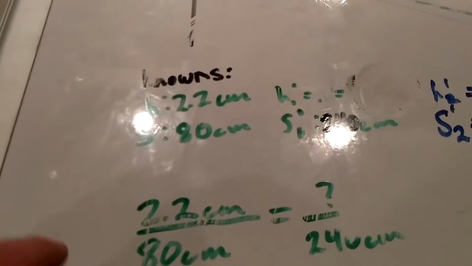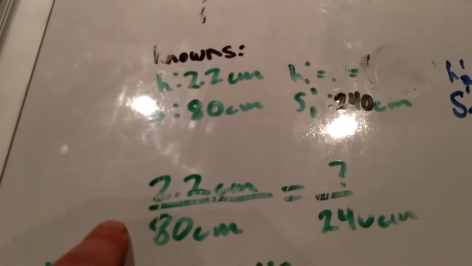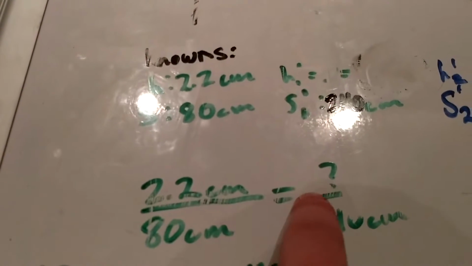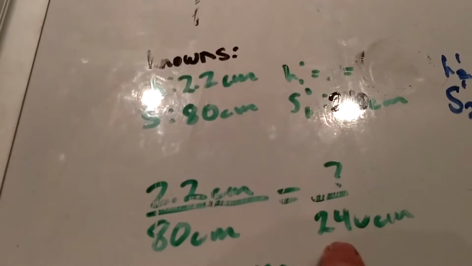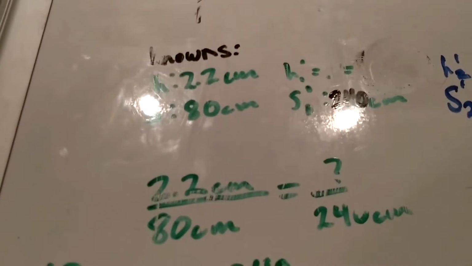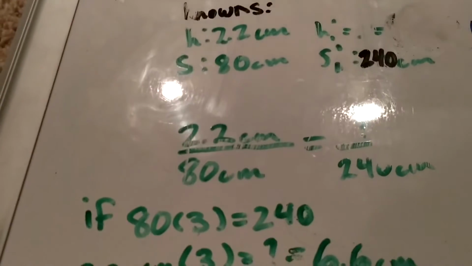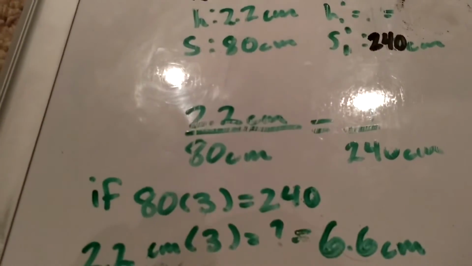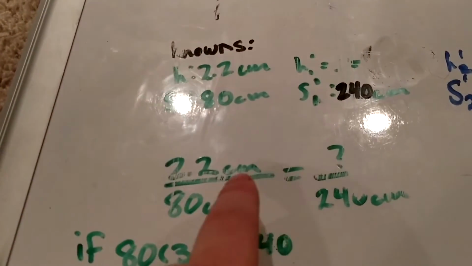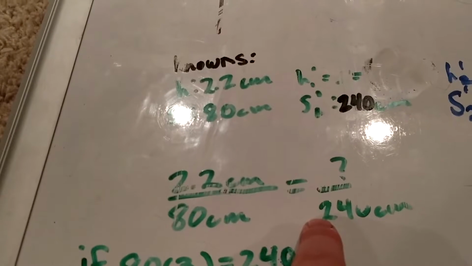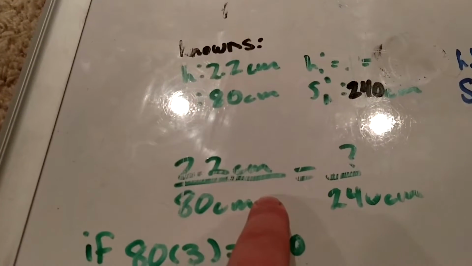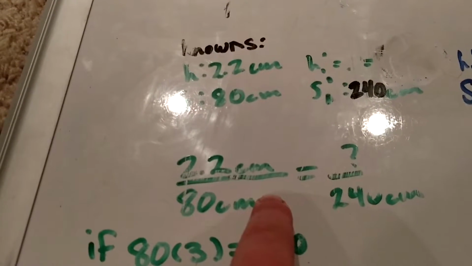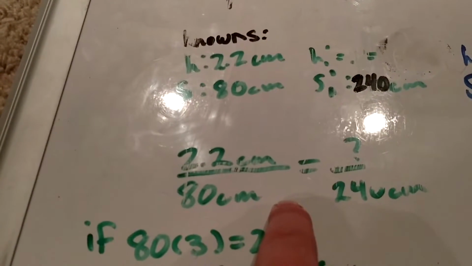Well, anyways, let's set up our ratio. We got 2.2 centimeters over 80 centimeters equals the height of the image, which is what we're looking for, over 240 centimeters. Now, a quick statement for not using a calculator. You can easily just cross multiply, go 2.2 times 240, and divide it by 80 to get the number we're looking for, but that's a pain.